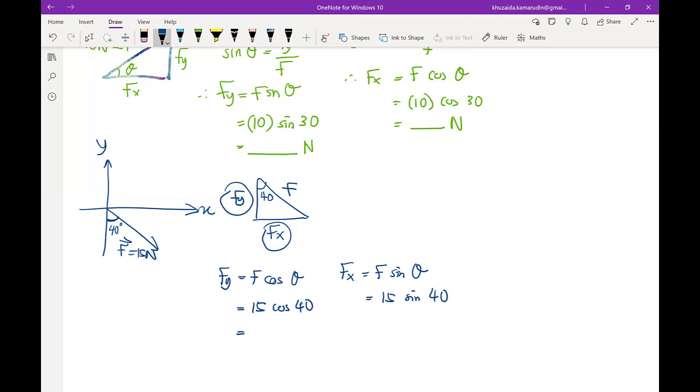Since you have the vector on the second quadrant, it means that you have a positive x, so dekat sini adalah positive x, and this one is the negative value of y. So for fy, you perlu letakkan negative dekat depan equation tersebut, and the answer will be negative Newton. Fx because dia berada di kawasan positif, so jawapan dia kekal positif.